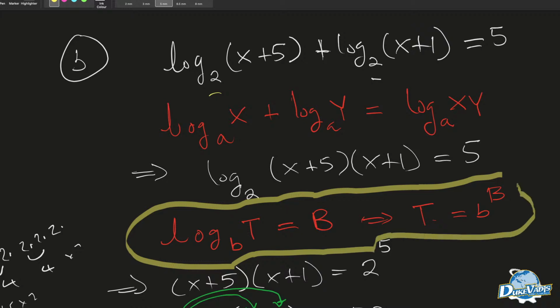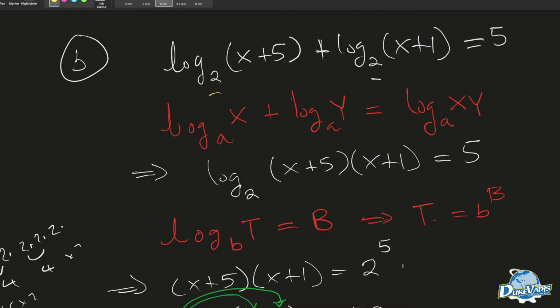This says log to the base b of a certain number t is always equal to a certain number, and in its conversion form t is equal to b raised to the power. So if that is the case, then our log to the base 2 will vanish, go up there and carry the 5. That is why we got this equation.